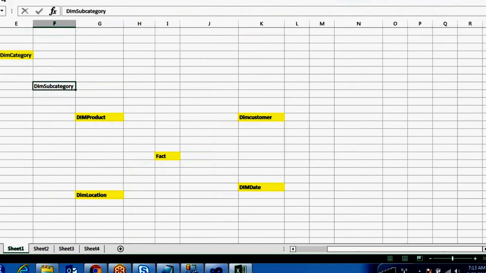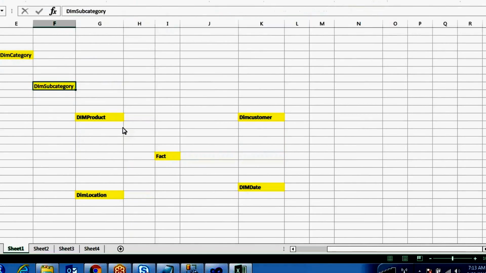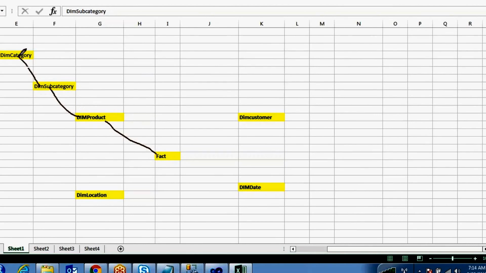So I'm going to explain why we need to maintain a snowflake schema. Here I don't have a relationship from dim category to fact or dim subcategory to fact. How are the relationships maintained? Fact to dim product, dim product to subcategory, subcategory to category.